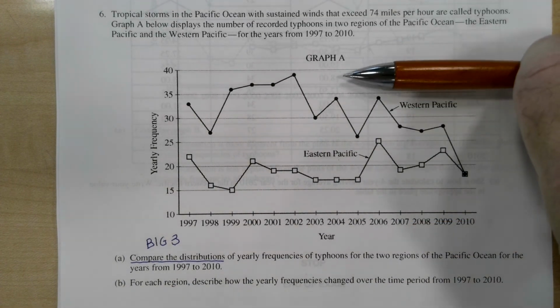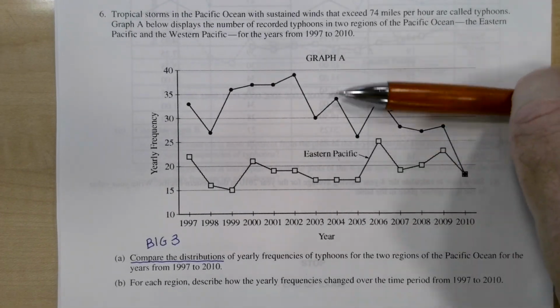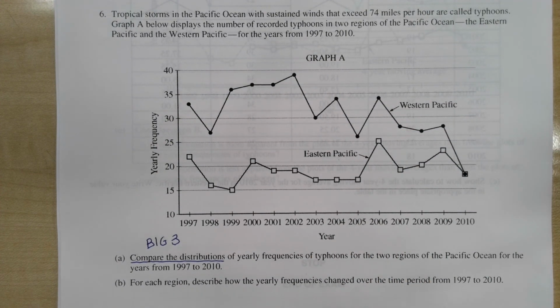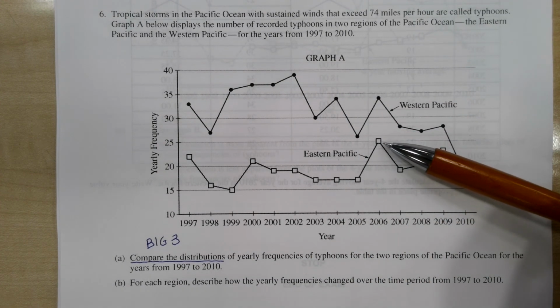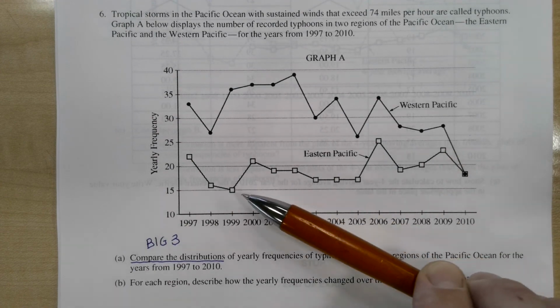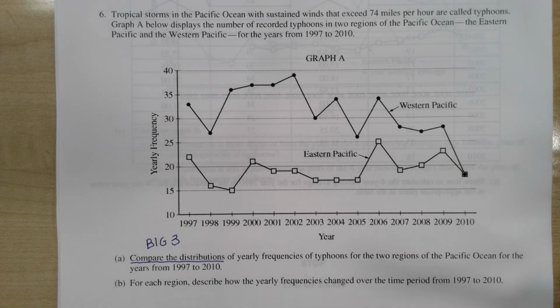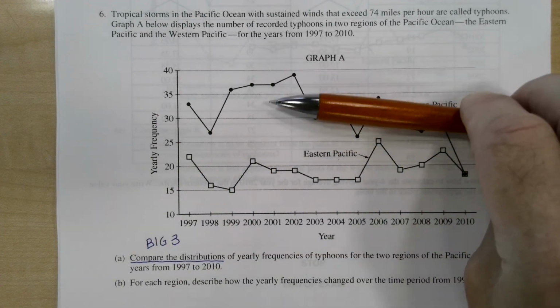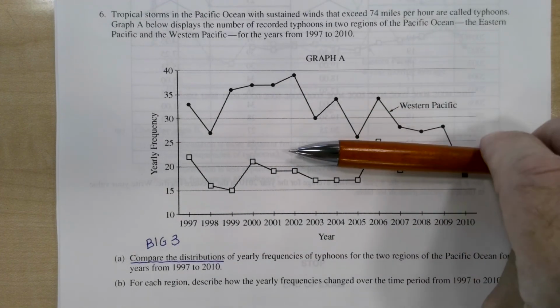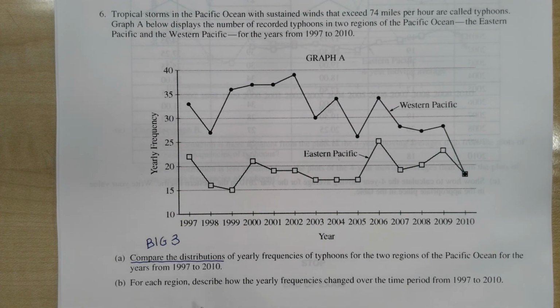So you can talk about the range of that. So it has a much larger range than the Eastern Pacific typhoons. The Eastern Pacific typhoons have a range from 25 to 15, which is a range of 10, which is smaller than the range for the Western Pacific. So you talk about the center, talk about the spread, and that's good enough for now because we're going to talk about the trend in part B.